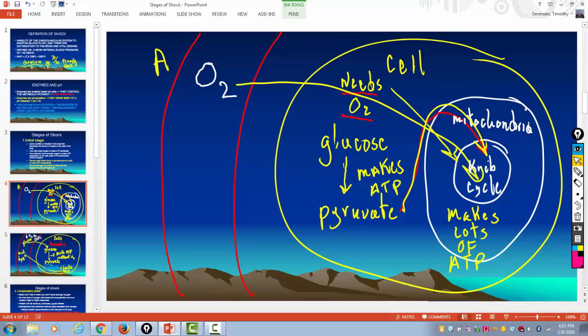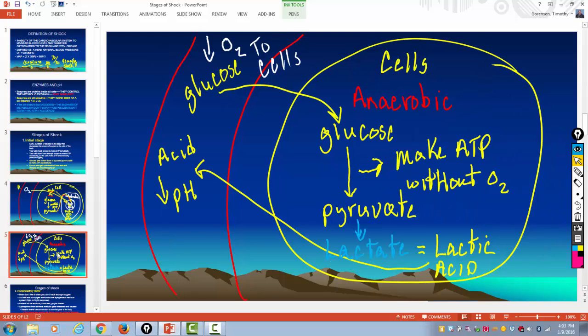But in the case where you're not delivering enough oxygen down to the cells of the body, glucose to pyruvate predominates. Ain't that great? Don't hate, educate. So because the cardiovascular system is having problems for whatever reason, who cares about that right now, there's going to be decreased oxygen down to the cells.